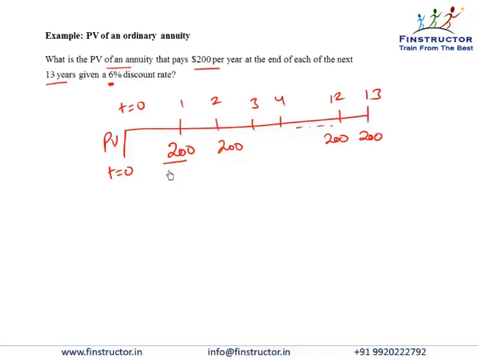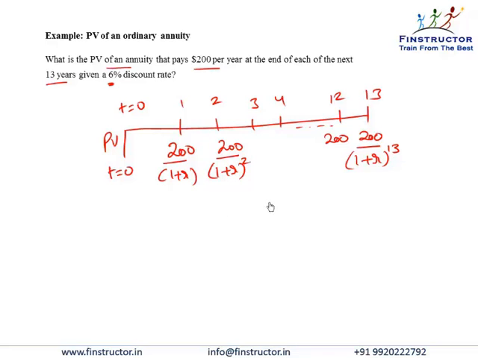Yes, it will be to the tune of 200 upon 1 plus r. The second cash flow is coming at the end of year 2, so the value will be 200 upon 1 plus r to the power 2, so on and so forth. The last cash flow will have a value of 200 upon 1 plus r to the power 13. R is given in the question, and so are the other inputs.